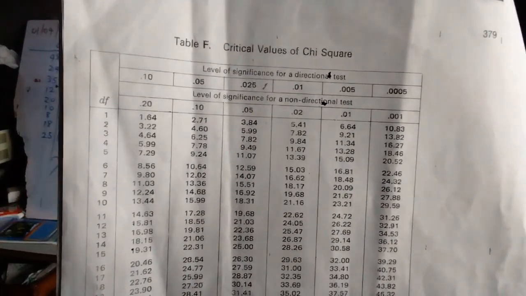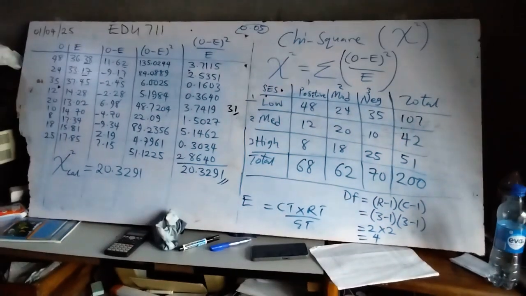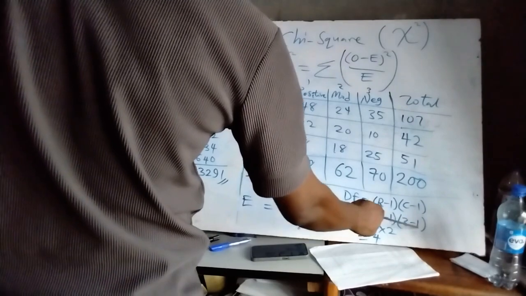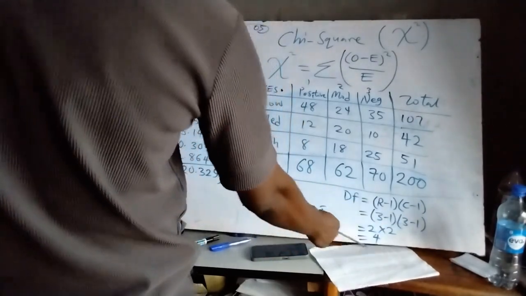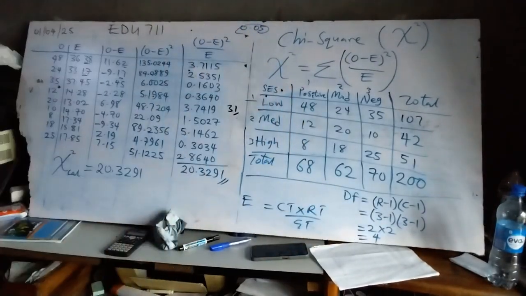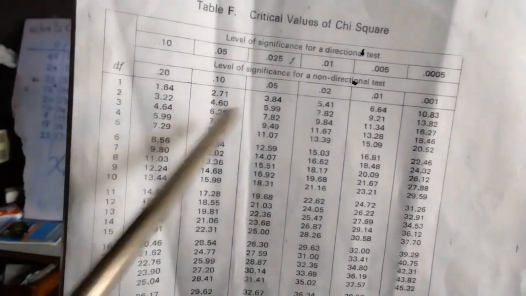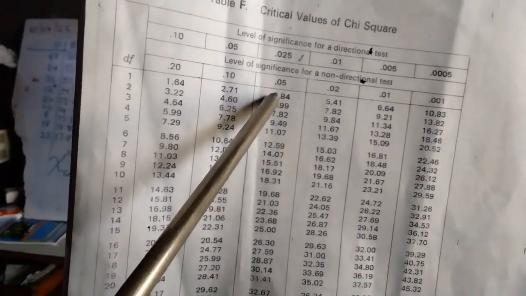Our degree of freedom as shown on the board is 4, that is 3 minus 1 times 3 minus 1, 2 times 2, that is 4. Our level of significance is 0.05. So we check 4 under 0.05. That's the fourth column.